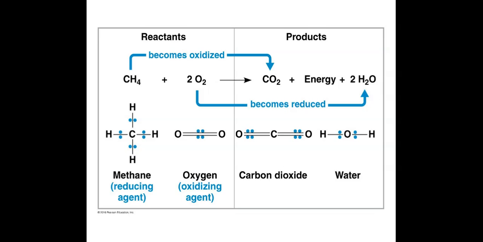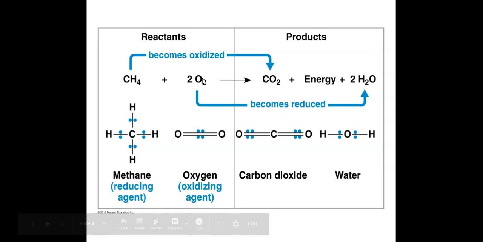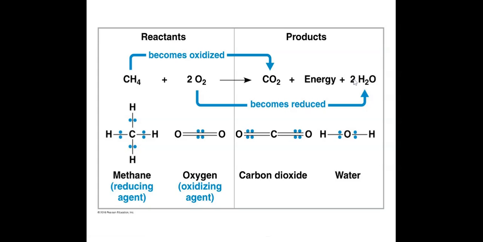You have your CH4, that's your methane gas, combusting with oxygen gas, then producing carbon dioxide and water. Very similar, actually, to our glucose chemical reaction. The only thing that we're swapping out is the methane. So the methane is getting oxidized, losing those electrons, whereas the oxygen is being reduced and gaining those electrons.